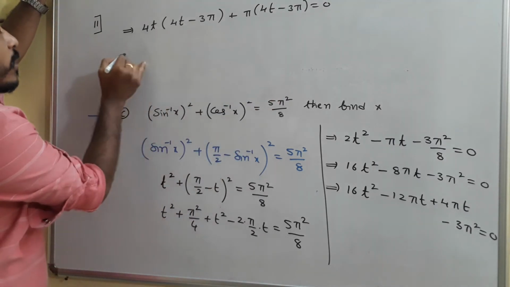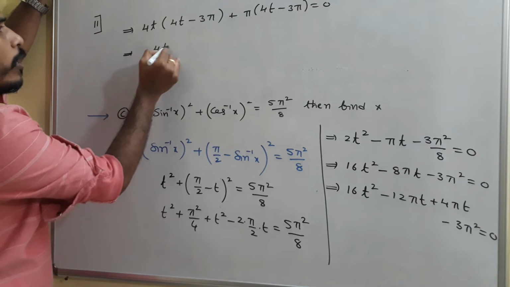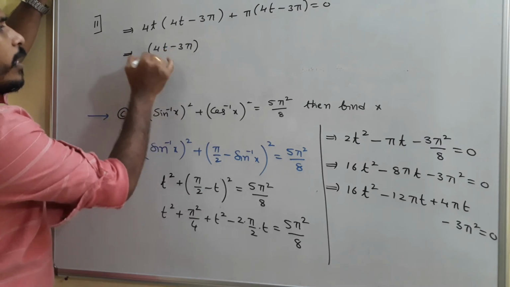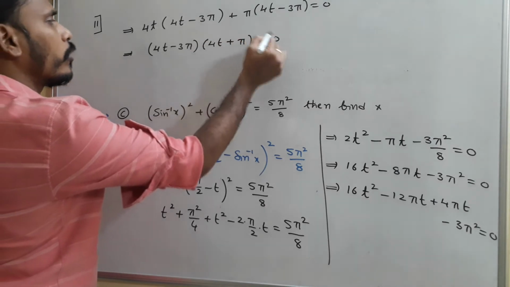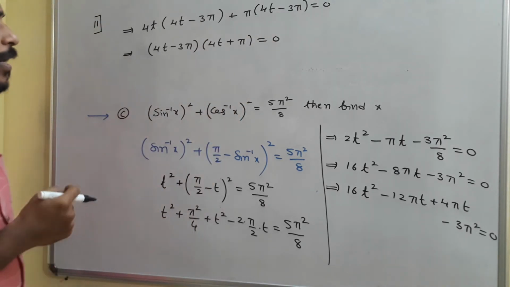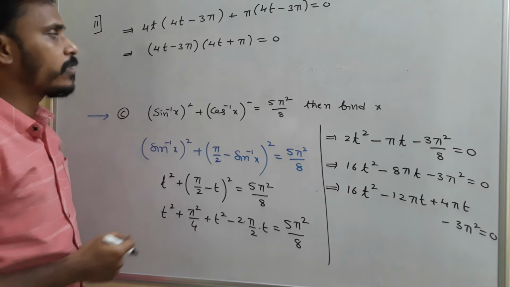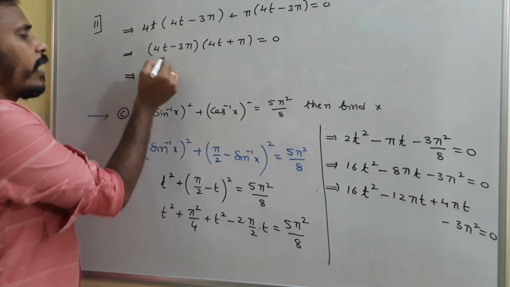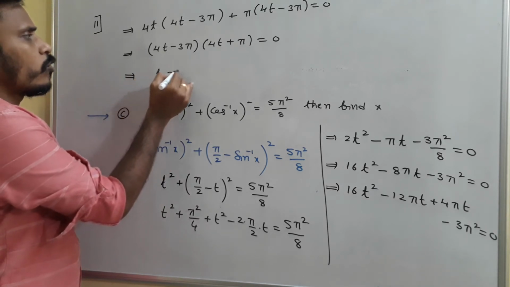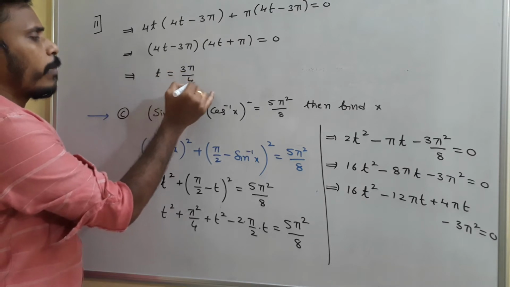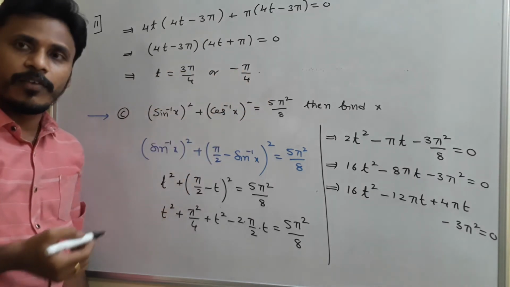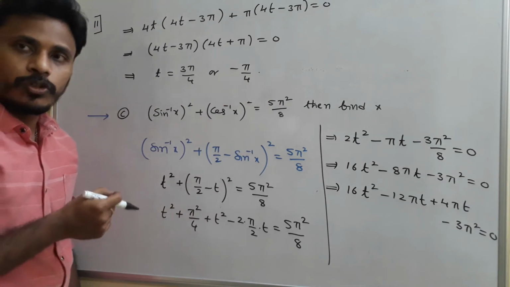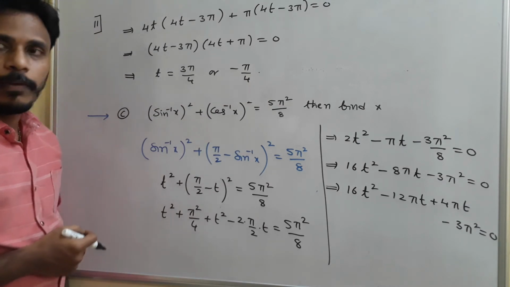So 4t minus 3 pi is a common thing. (4t minus 3 pi) into (4t plus pi) is equal to 0. So from there, see, t is equal to either 3 pi by 4 or minus pi by 4.